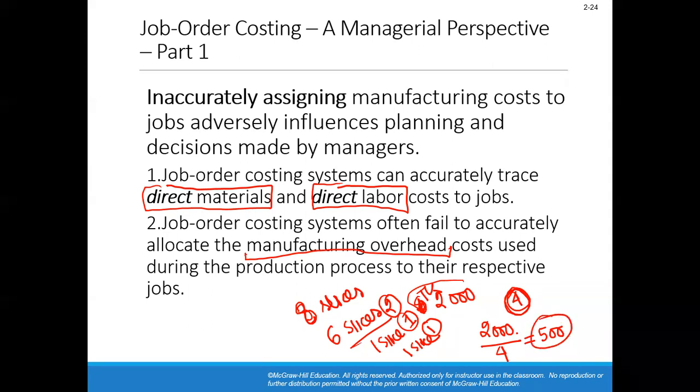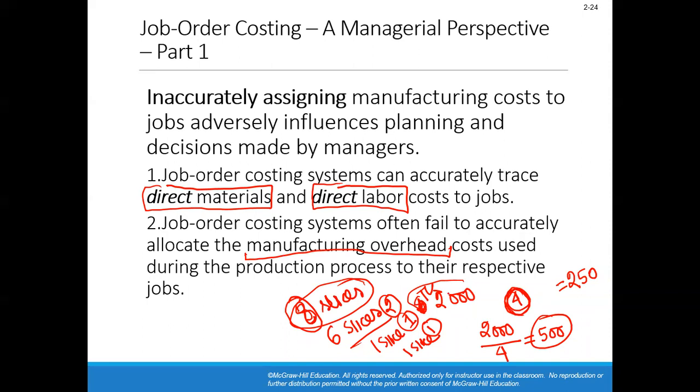If the cost is allocated based on the number of slices consumed by the people, 250. Now, in that case, how much do you have to pay? 250. You see, just by simply changing the allocation base, your cost has changed significantly. Double.